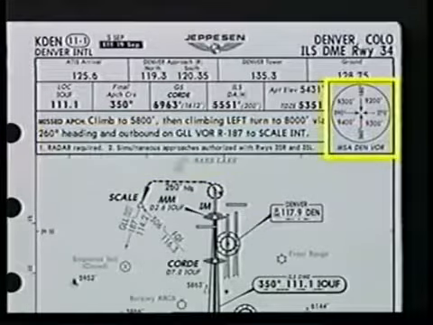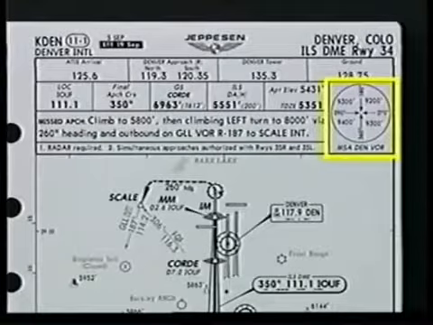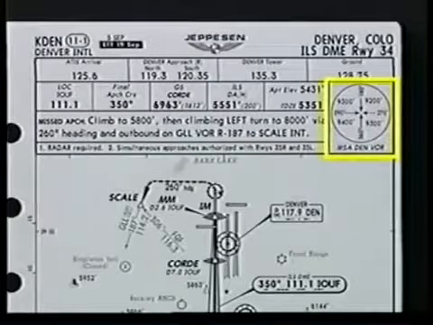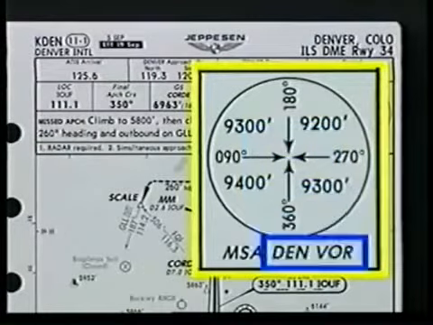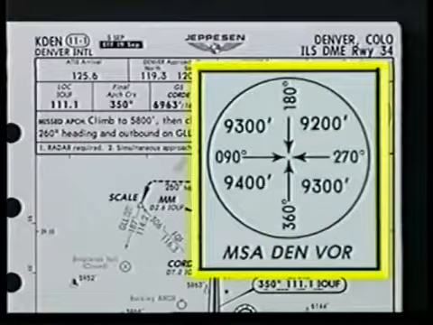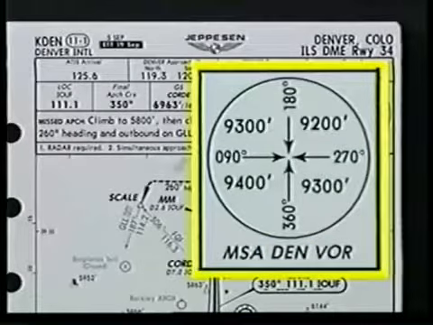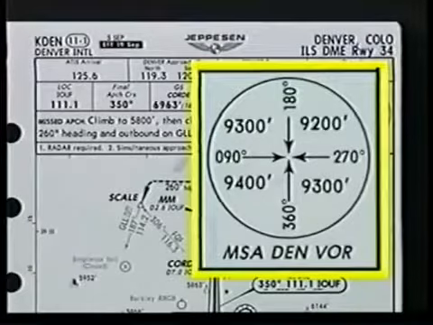The minimum safe altitude, or MSA, graphic is consistently placed in this new location for quick and convenient reference. The bearings and radials are oriented to the point of origin. A minimum safe or sector altitude is applicable to a 25 nautical mile radius unless otherwise specified.